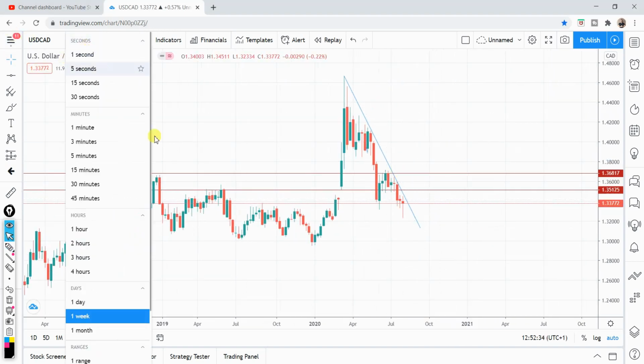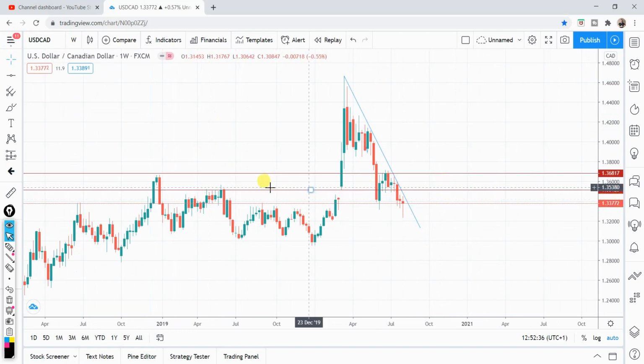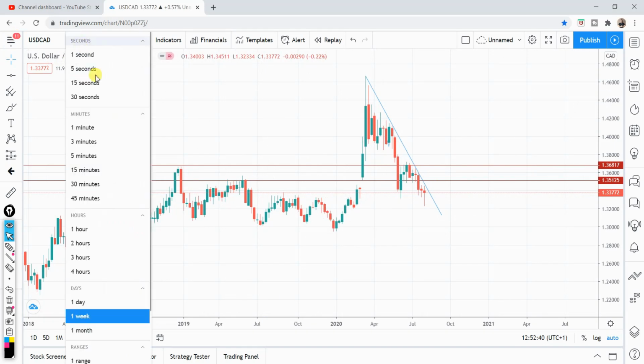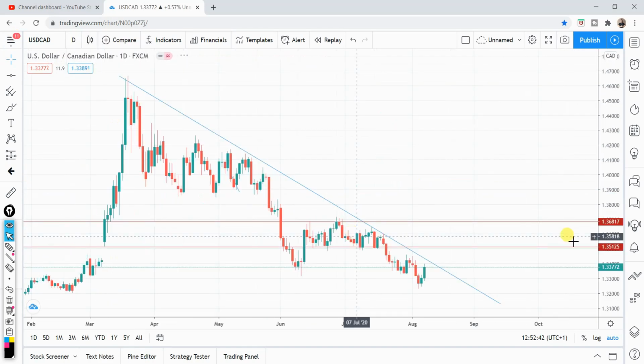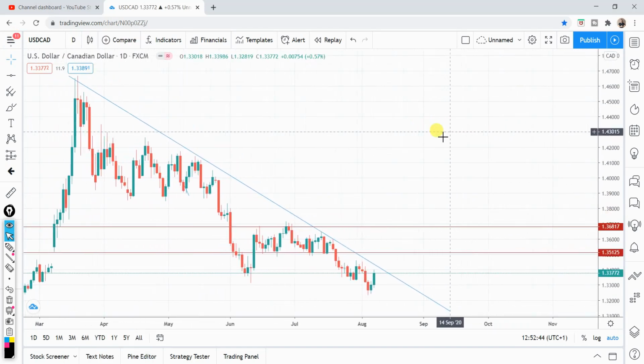So for now, I put these horizontal lines, which are the two key resistance zones on the higher time frames, weekly and monthly. Let's go to the daily time frame and see what we have and what I'm looking for to potentially happen.